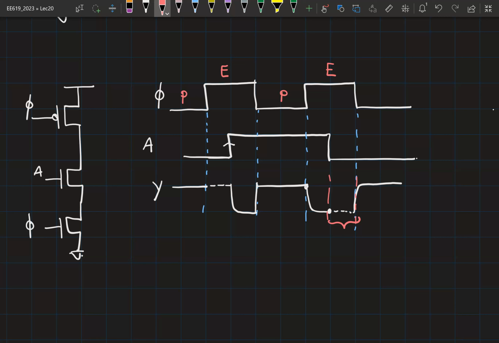Okay, and this is something that you can ensure, right? You make sure that the input is either changing during the first half of the clock cycle when it is in pre-charge, or only rising edges can happen during the evaluate phase. So this is something that you'll have to keep in mind.